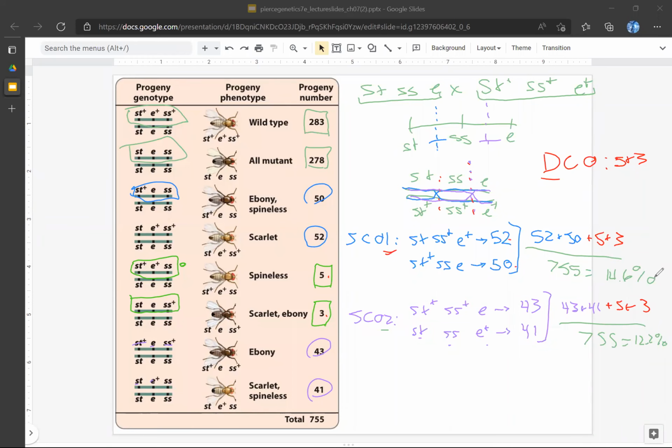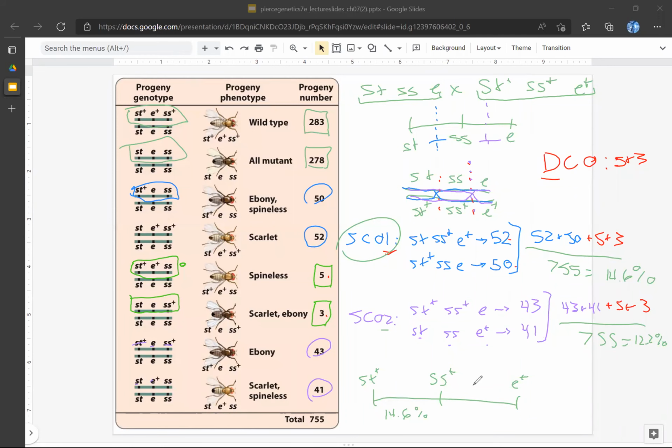And so, as our final answer, we have discovered that SS is the gene in the middle. It is in between the genes at the ST and E loci. The distance between ST and SS is this single crossover, so 14.6 map units, or 14.6% recombination.